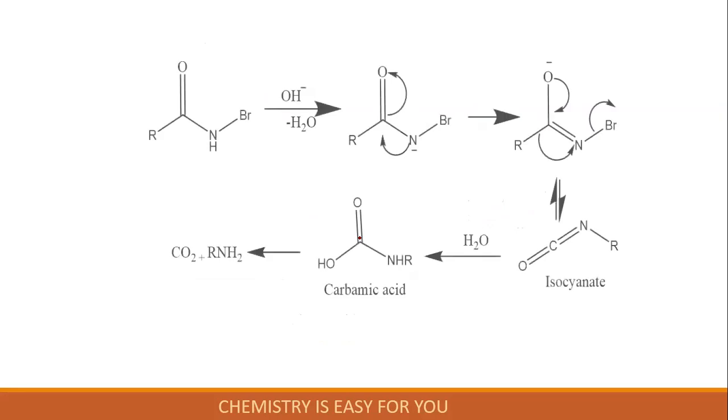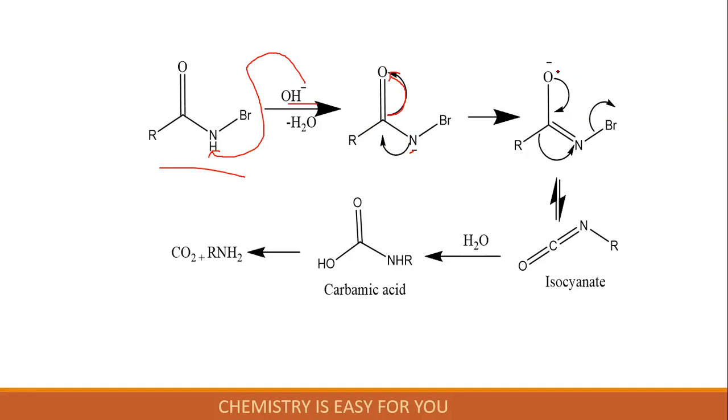In the next stage, this N-bromamide will again react with OH minus. So again it will abstract a proton and give a negative charge on the nitrogen. This negative charge will form a double bond with the carbonyl carbon, between nitrogen and the carbonyl carbon, and the carbonyl double bond will go to oxygen as a negative charge.